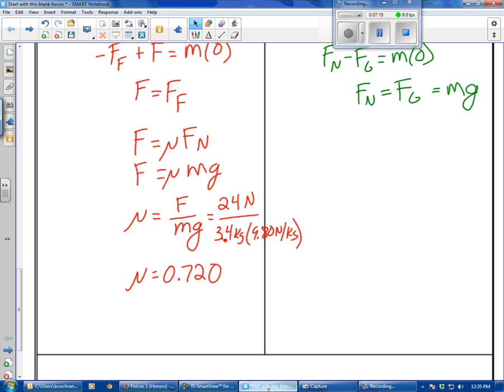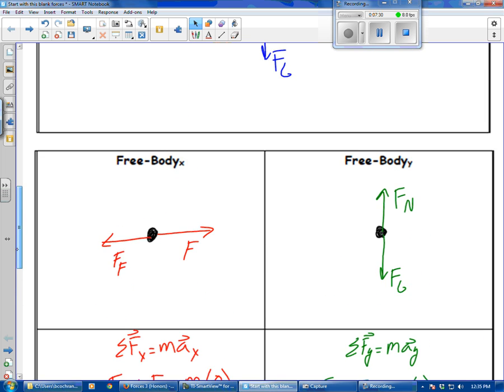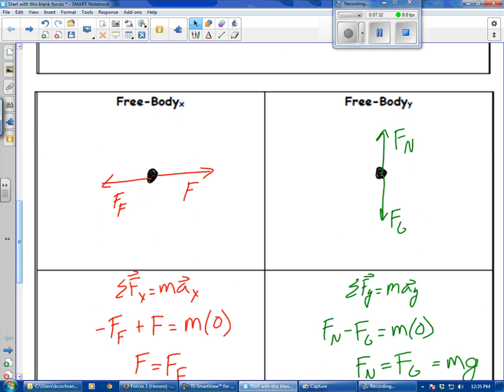So what I'm going to do is go through a very similar setup here. Remember, the only thing that's added to my free body up here is the acceleration in part B, in this direction. It's not going to change my free body in the y at all, so my normal force still equals the weight.